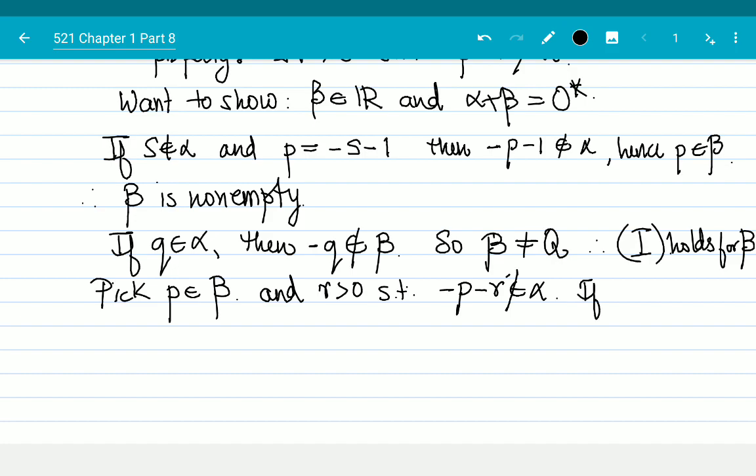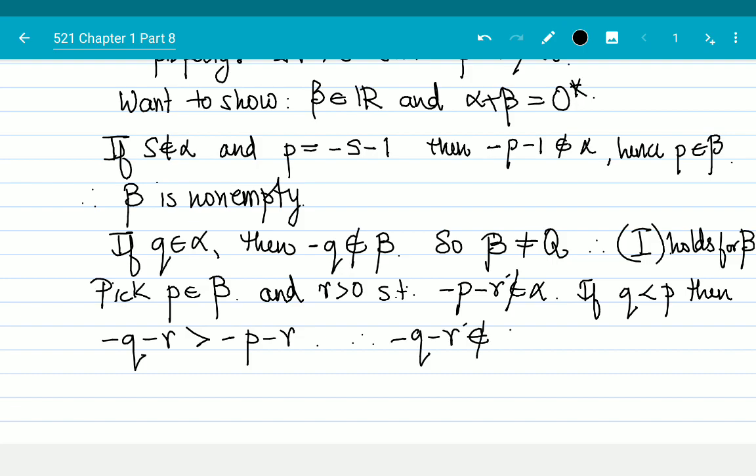Okay, if q is smaller than p, then, well, minus q minus r is actually greater than minus p minus r, right? Well, therefore, minus q minus r does not belong to alpha. If it belonged to alpha, minus p minus r, which is smaller than it, has to belong to alpha. Therefore, q belongs to beta. And therefore, 2 holds.